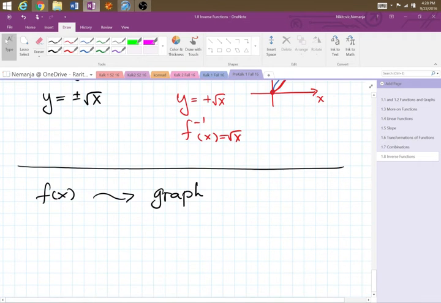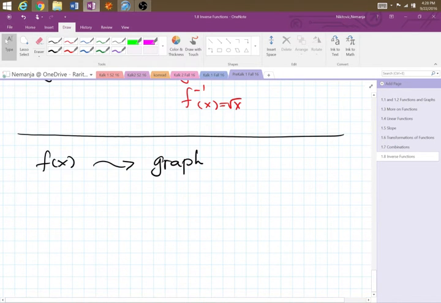We are going to introduce the horizontal line test. In order for a function to have an inverse function, the function has to pass the horizontal line test. So you can graph it and then you look at it. So now I'm introducing the horizontal line test idea.